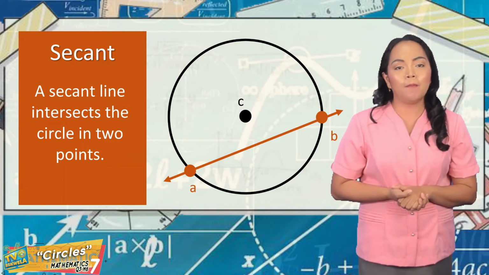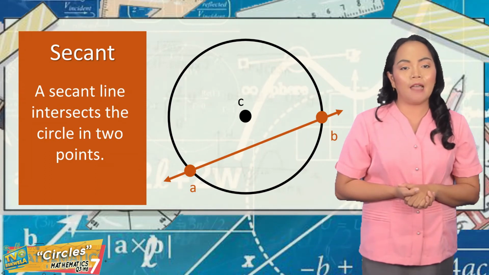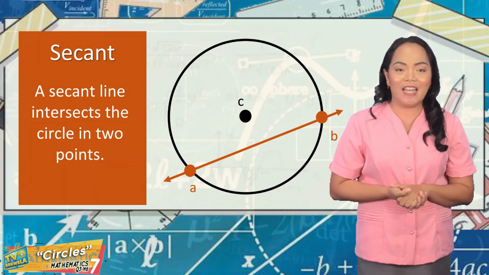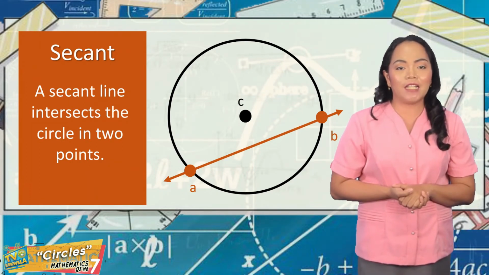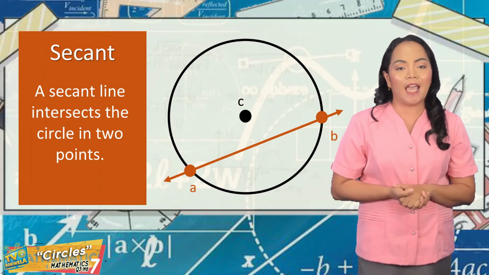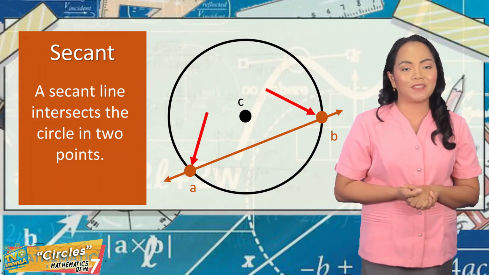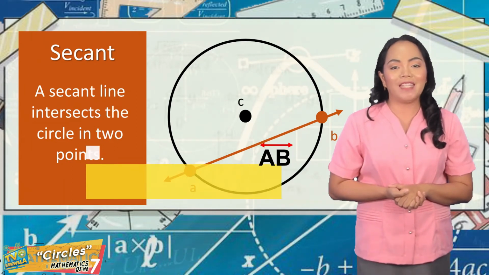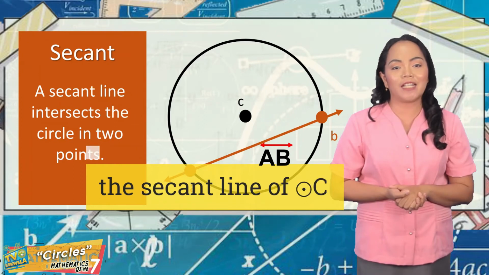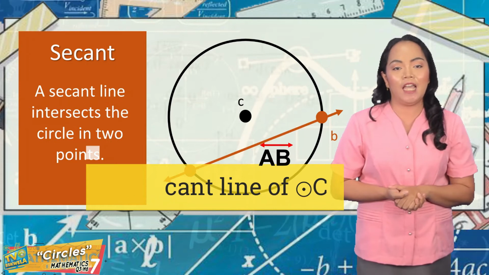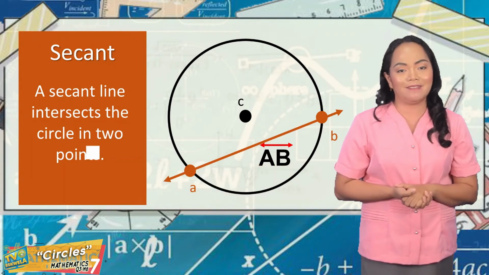In the diagram, point C is the center of the circle and it is named circle C. As you can see, the arrow hits the 2 points on the circle, which will be labeled as point A and point B. Therefore, line AB is the secant line of circle C, where the line extends infinitely in both directions.